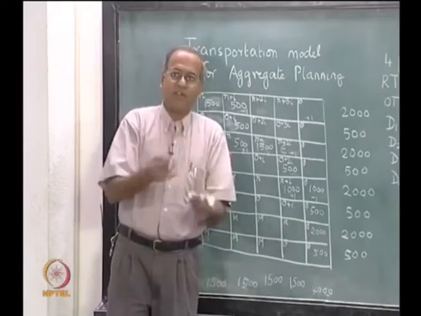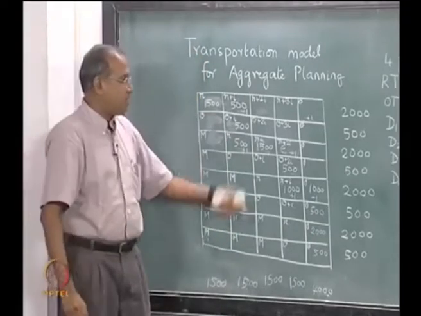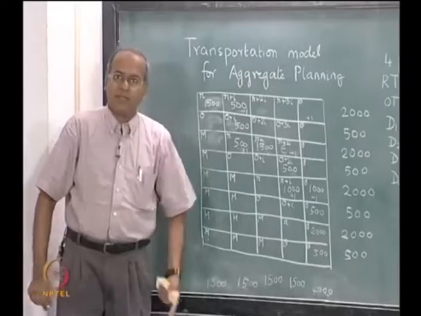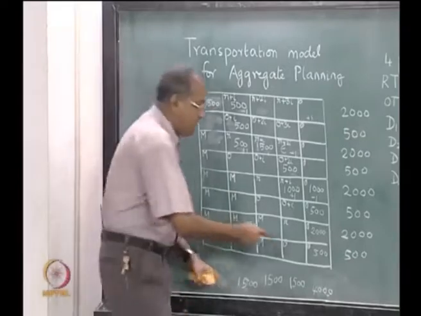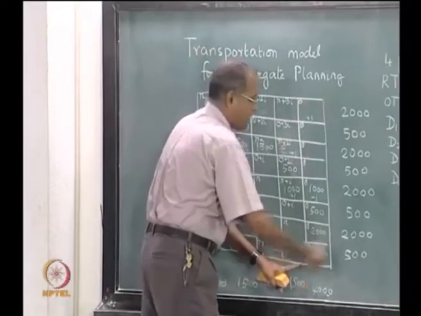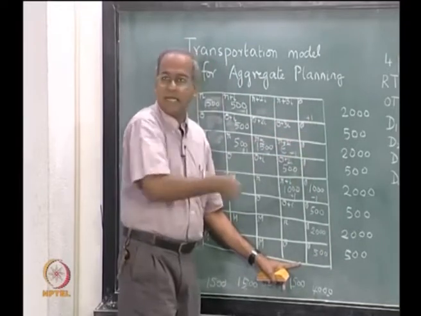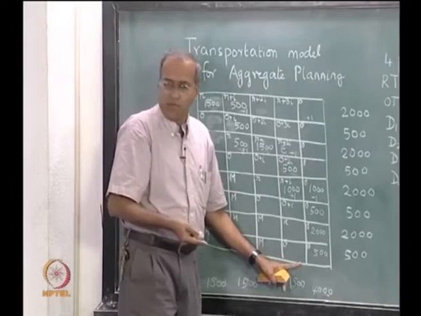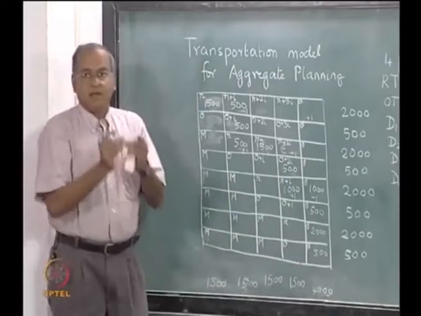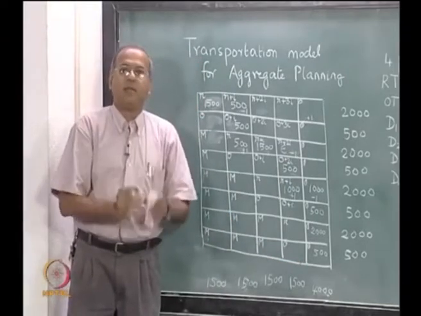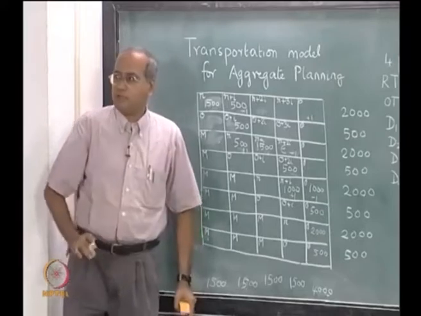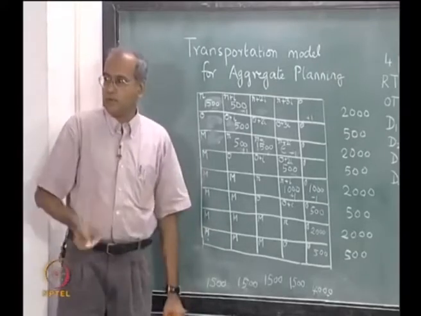So, the simplification is that if we apply the northwest corner rule and the stepping stone method, it is enough only to consider the vacant positions in the dummy and try to use them as candidates for improvement, because every non-basic, non-dummy allowable position is going to have a net equal to 0.